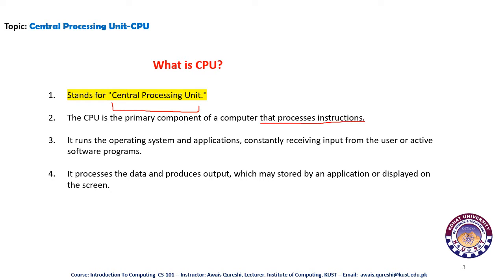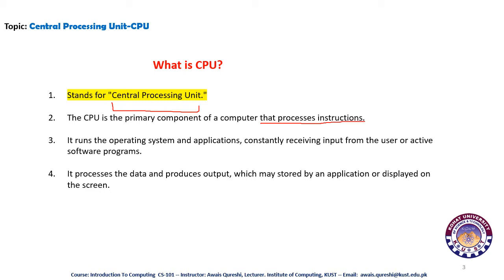So the main job of a CPU is to process instructions. Without a CPU, the machine is a dummy machine. This means that it's an ordinary machine if it has no CPU. But with the help of the Central Processing Unit, we call any machine a computer.